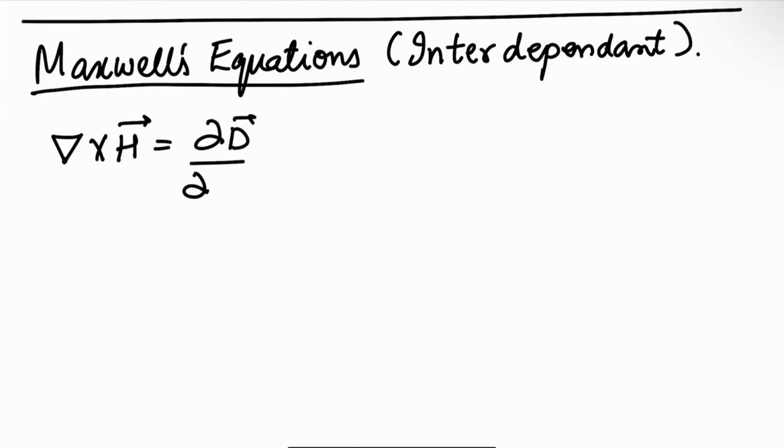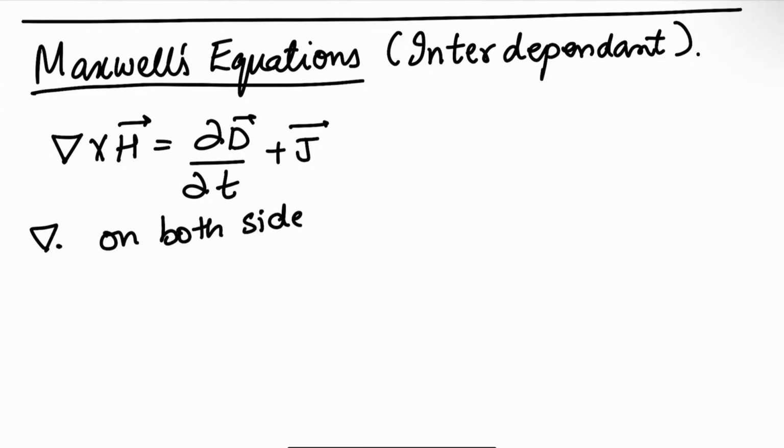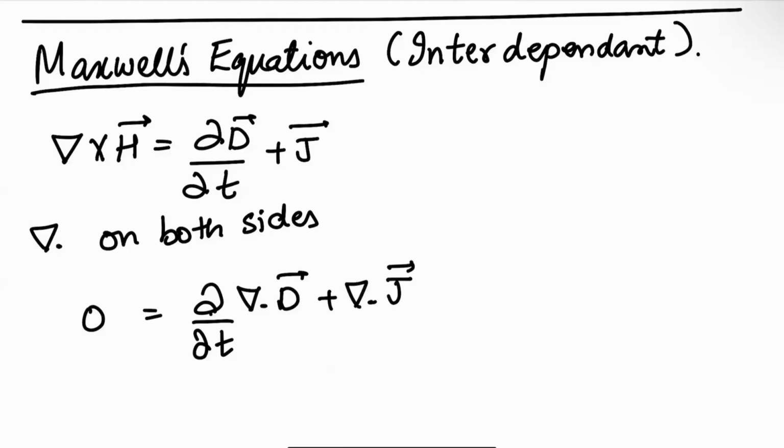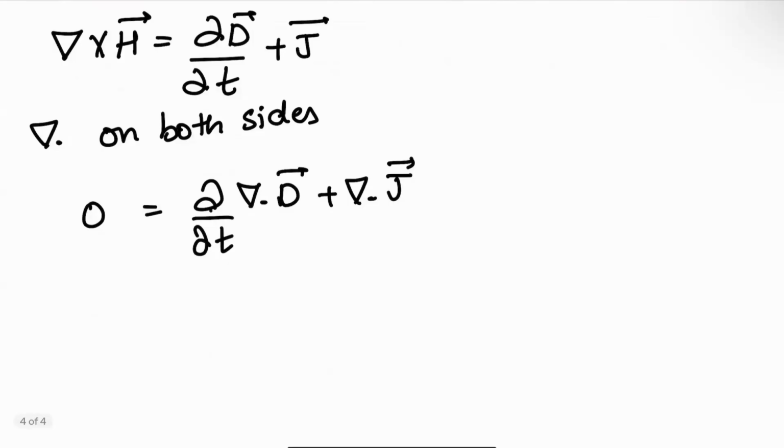So we start with our Ampere's law. Now you can take the divergence on both sides. And when you take the divergence of both sides, the left-hand side goes to 0, and the right-hand side becomes d/dt of the divergence of D, plus the divergence of J. And the divergence of J is minus d/dt of rho from continuity, which means that, again, you have the derivative of two terms that are equal.